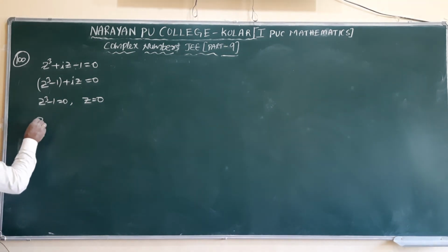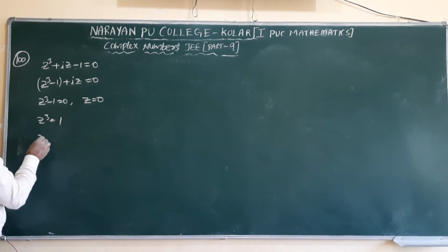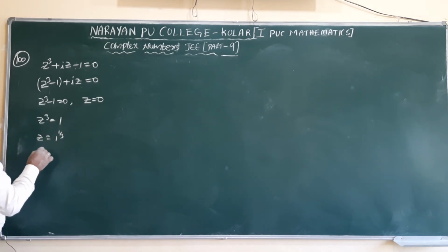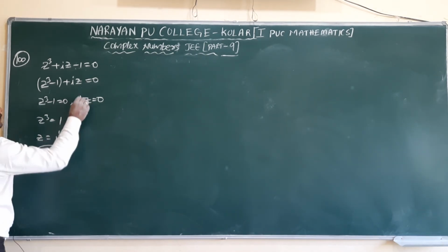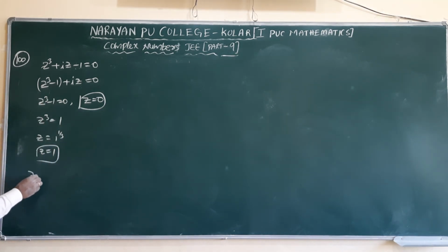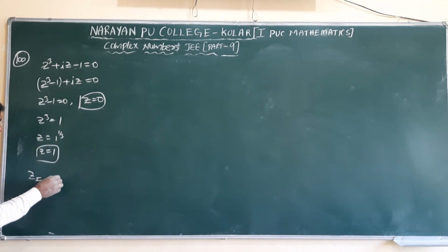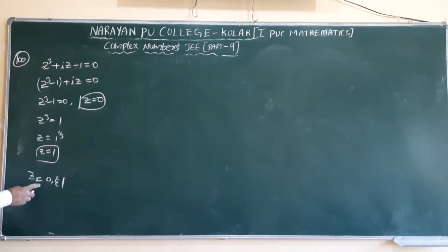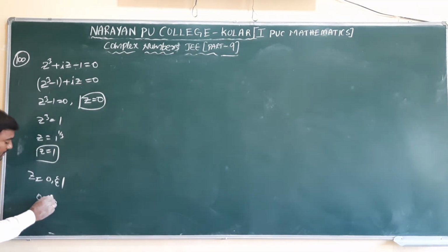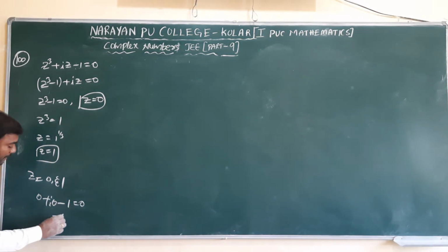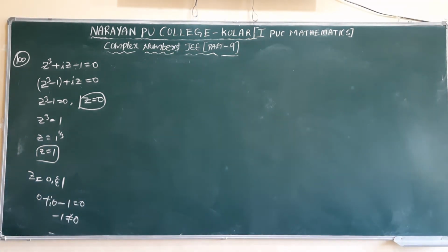So z cube equals 1, z is equal to 1 power 1 by 3, so z is equal to 1. But the candidate values are 0 and 1. The value z equal to 0 does not satisfy this equation, because putting z equal to 0 gives 0 plus i into 0 minus 1, which is minus 1, not equal to 0. So it is not possible.